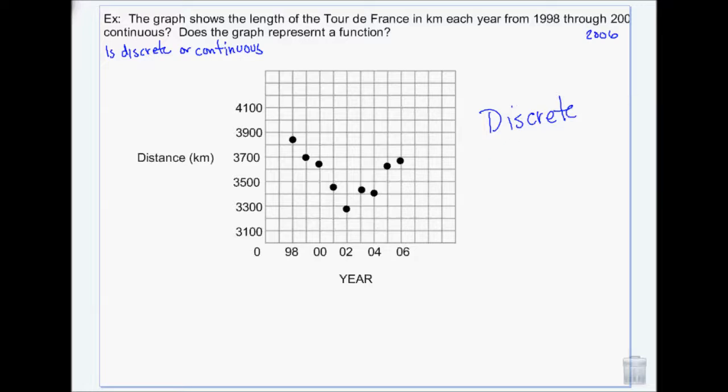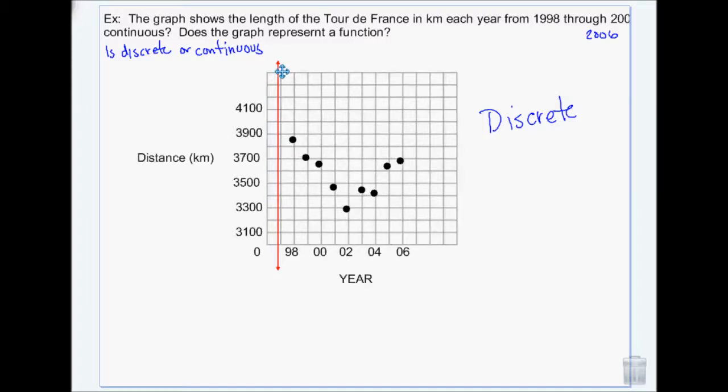Okay. Then we're going to make a vertical line, or use your pencil or something. And as we move the line, if I look at this, is it touching more than one point at a time?